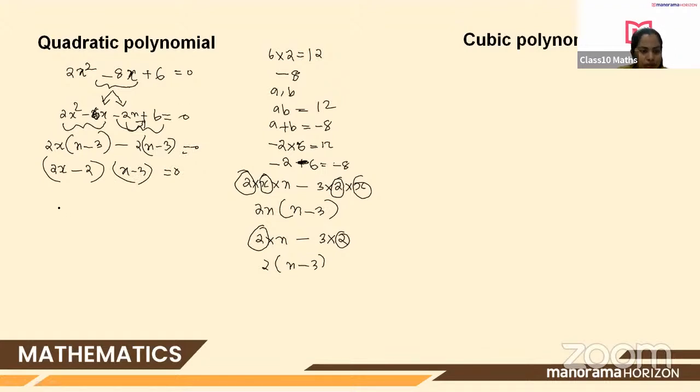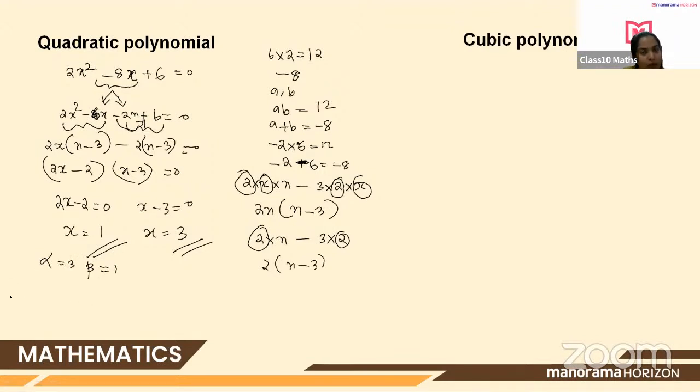Okay, so first one is 2x minus 2 is equal to 0 and second one is x minus 3 is equal to 0. From here, x is equal to 1 and here x is equal to 3. So we get two values for x, that is 1 and 3. We can take them as alpha and beta. Alpha is equal to 3 and beta is equal to 1.